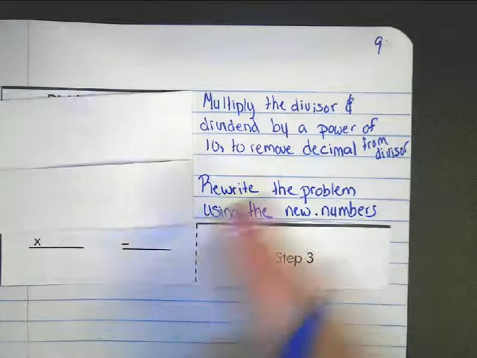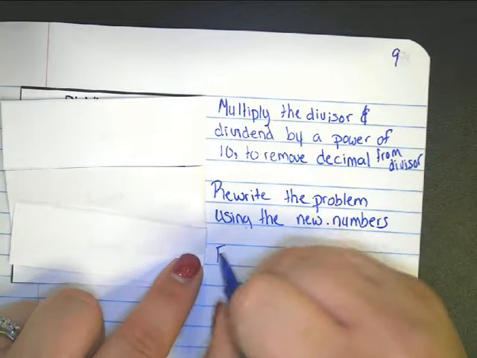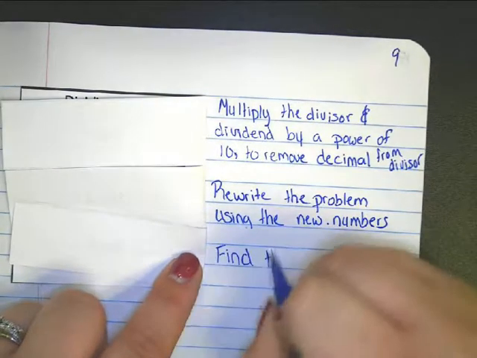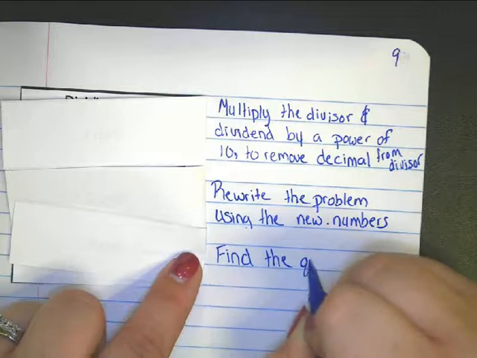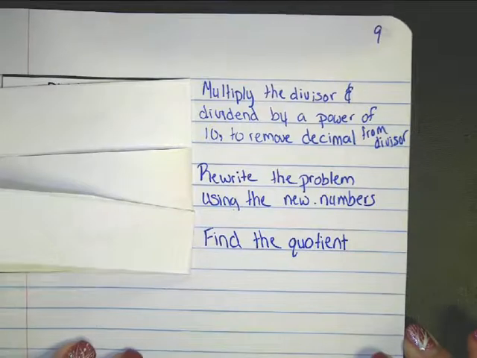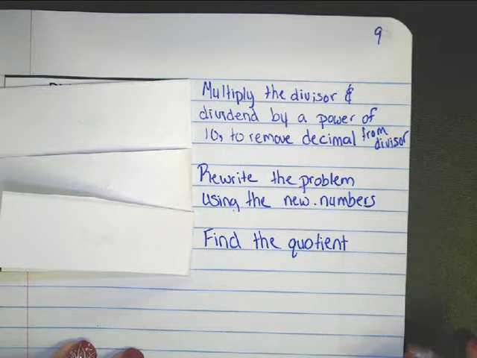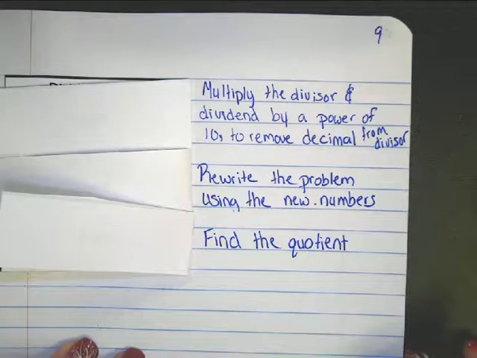And step 3, find the quotient. And what's quotient mean? The answer to what type of problem? Division problem. Good. So again, not much is different than regular division besides that tricky decimal.